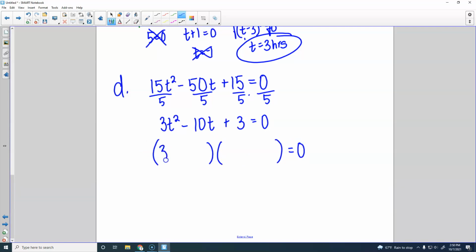So you got 3t and t. You need a minus 3 right here and a minus 1 right here, they're both minus. And that will work because you're getting a -1t for those inner terms and a -9t for the outer, which is going to give you -10t in the middle.